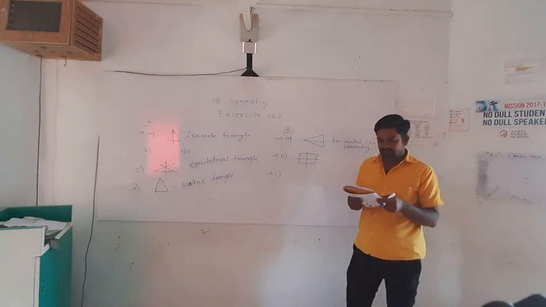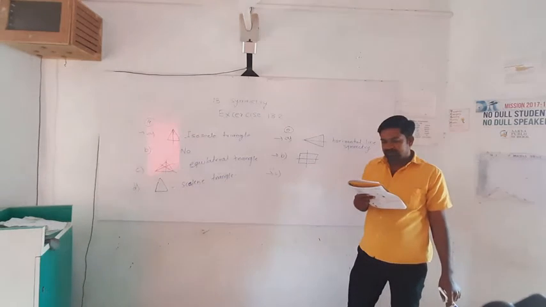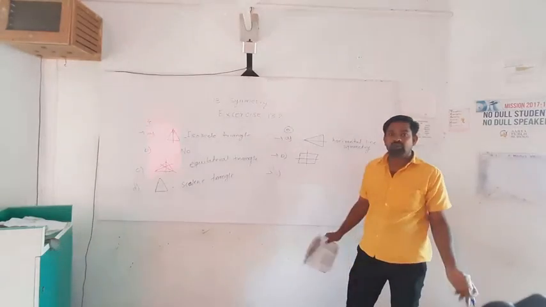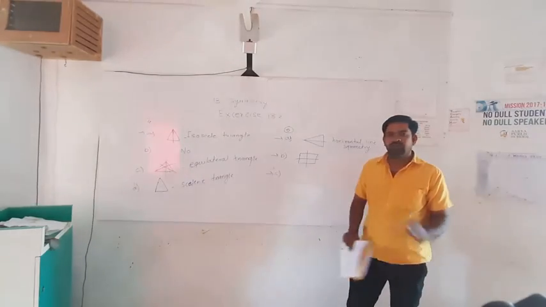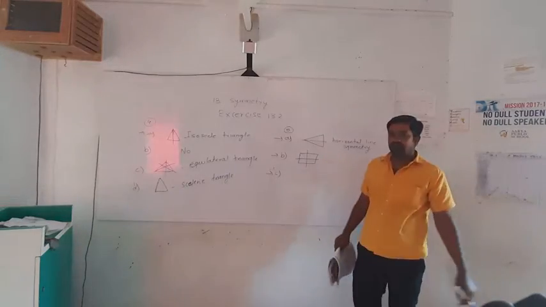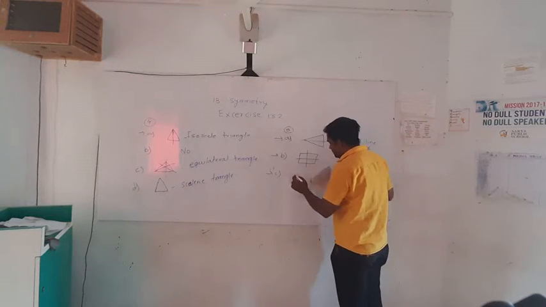Then C: a quadrilateral with a horizontal line of symmetry but no vertical line of symmetry. So one quadrilateral you can draw like this way. There is only one line, horizontal symmetry, but not vertical symmetry. So this shape we want to draw.